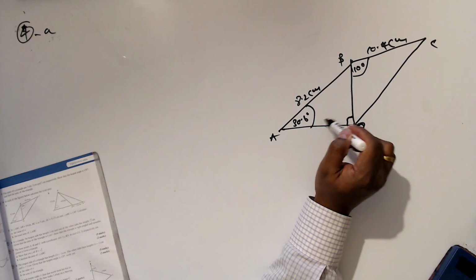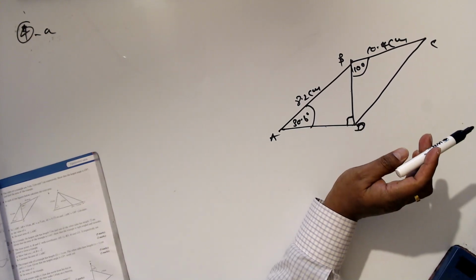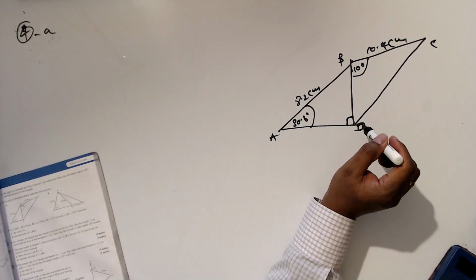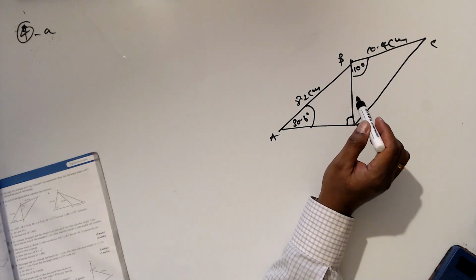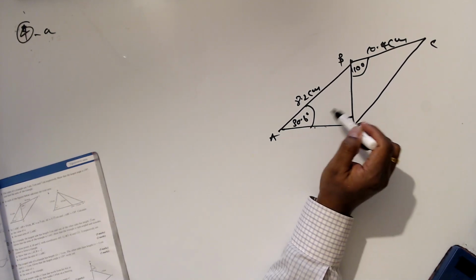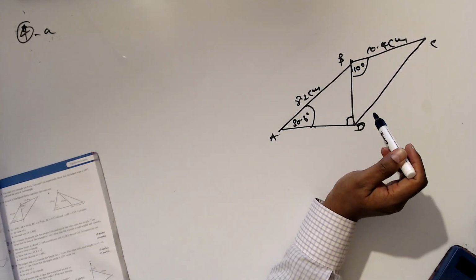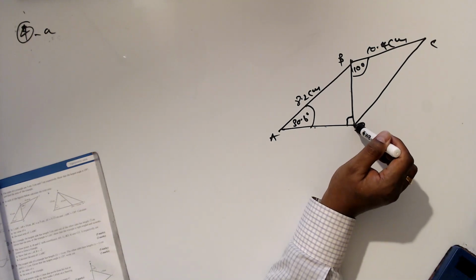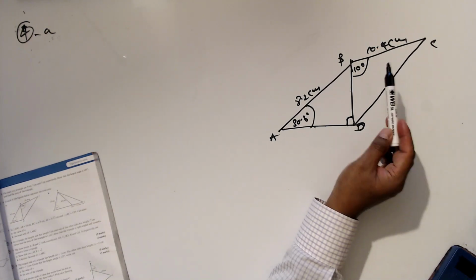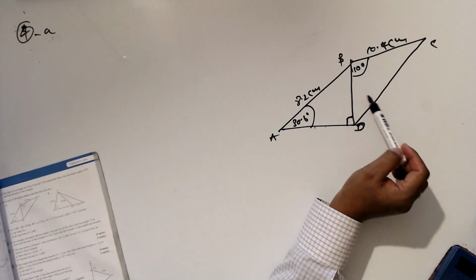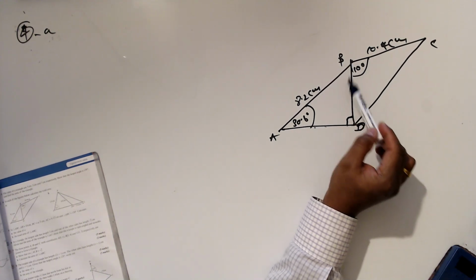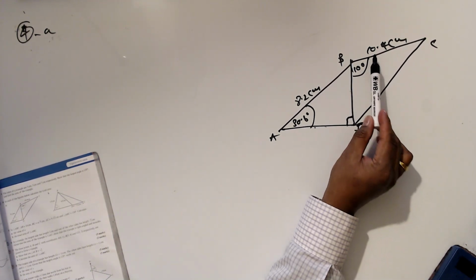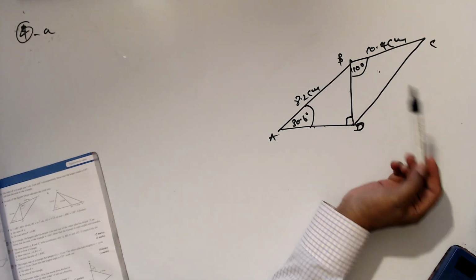For that, we need both AD and BD. And for this other triangle, if I know this length, then with half a b sine C, I can find this area.